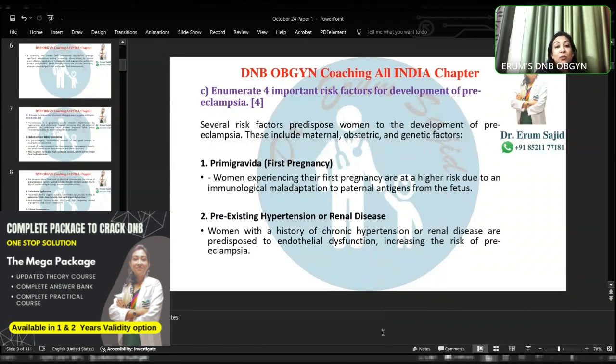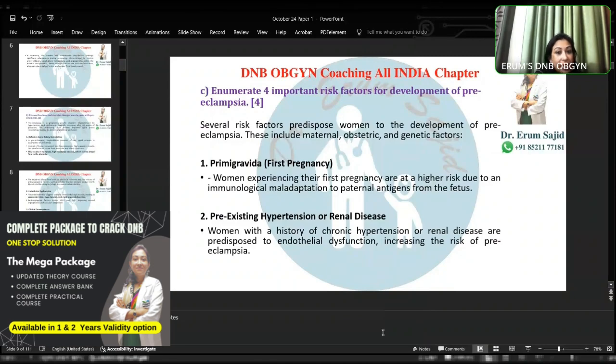Why do we start aspirin? Aspirin is a prophylactic measure so the patient does not develop hypertension in this pregnancy, correct? There are certain risk factors which by themselves are sufficient to tell us that this patient will develop preeclampsia. You better start her on aspirin. And the same risk factors will come here as well.